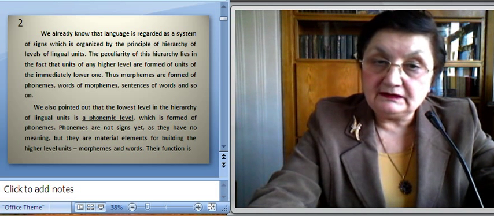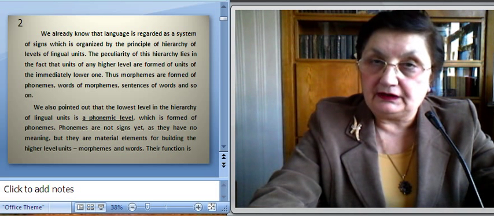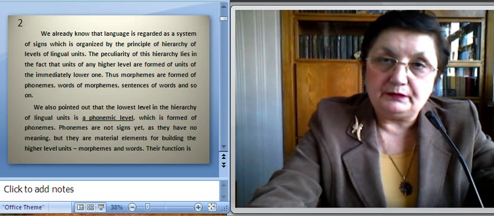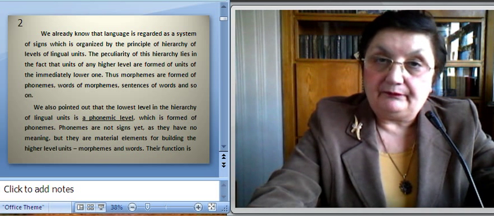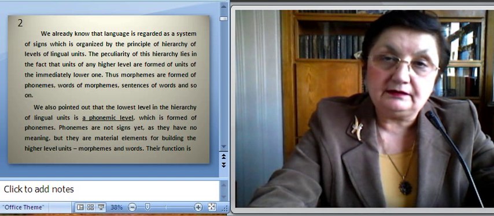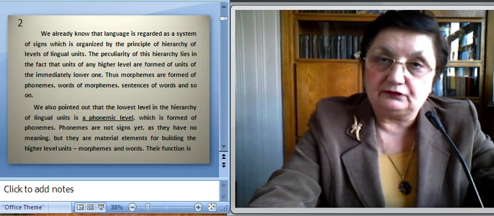We also pointed out that the lowest level in the hierarchy of lingual units is a phonemic level, which is formed of phonemes. Phonemes are not signs yet, as they have no meaning, but they are material elements for building the higher level units, morphemes and words.